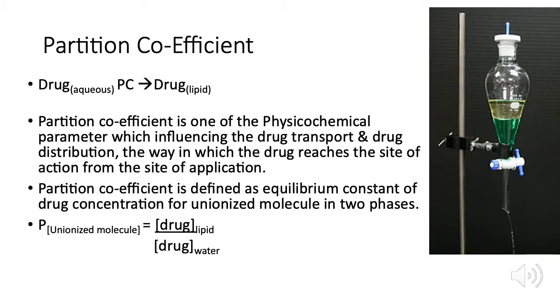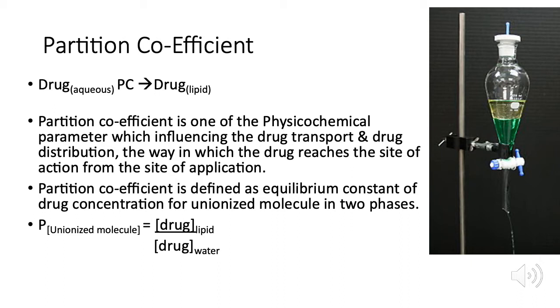The partition coefficient, often abbreviated to P, is the ratio of concentrations of a compound in a mixture of two immiscible solvents at equilibrium. This ratio is therefore a comparison of the solubilities of a solute in these two liquids. The partition coefficient generally refers to the concentration ratio of an unionized species of compound.